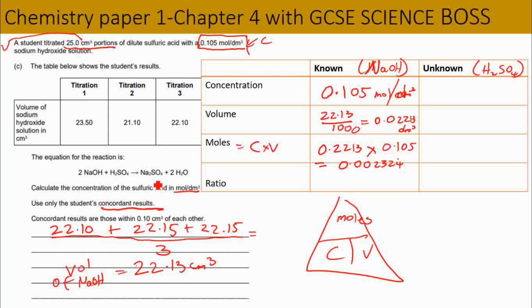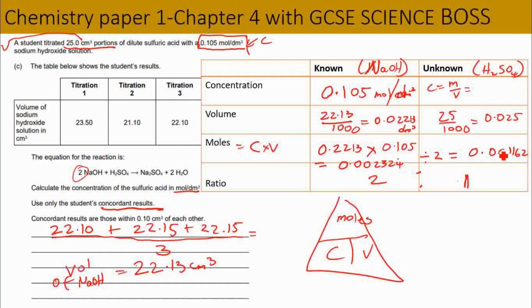So what's the ratio now of sodium hydroxide to my unknown H2SO4? 2 to 1. So I need to divide that by 2 to give me the number of moles on that side, or half the number of moles, which would give me an answer of 0.001162. For volume, our volume there is 25 cm cubed, so it's 25 divided by 1,000, which would give me 0.025. Now to work out the concentration, concentration is moles divided by volume.